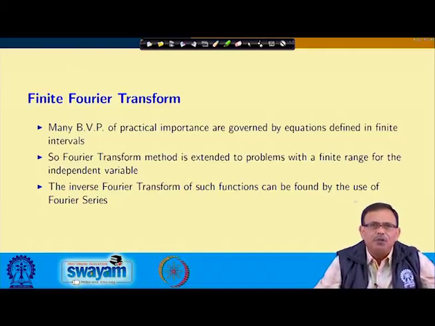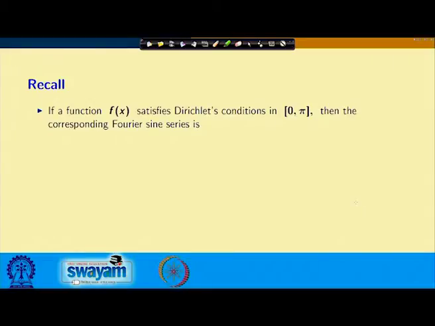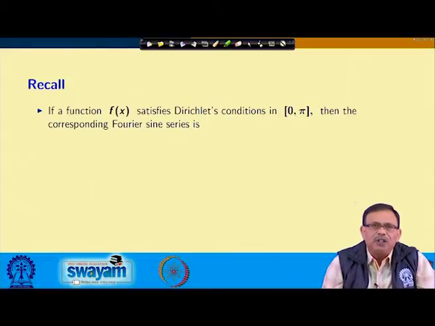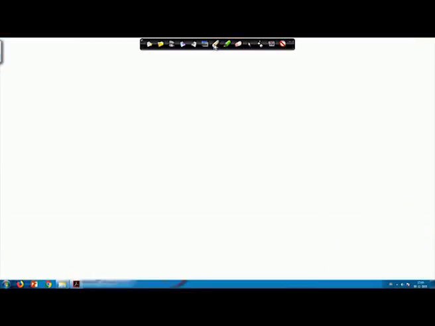If you recall, if a function f(x) satisfies Dirichlet's conditions in 0 to pi, then the corresponding Fourier sine series will be f(x) = summation n equals 1 to infinity b_n sin nx. This we have done earlier.